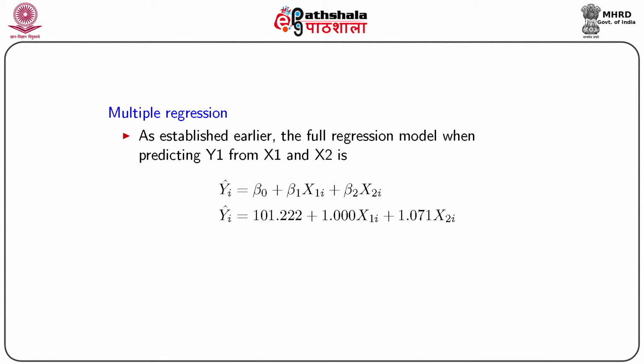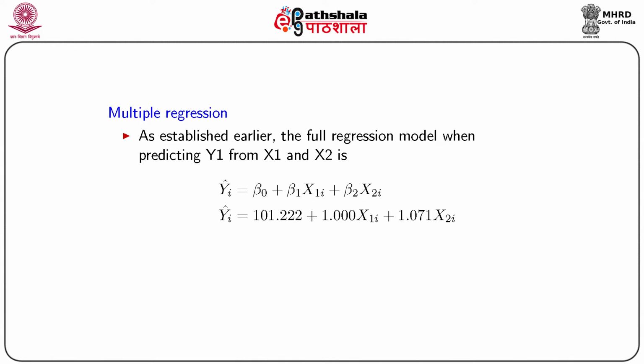Yi hat can now be written in terms of the estimates of beta naught, beta 1 and beta 2 as follows: yi hat equals 101.222 plus 1 times x1 plus 1.071 times x2. If the reader recalls, this is the exact prediction model that we had come up with in the previous module when we had discussed the fitting of a multiple regression to this data set using the two explanatory variables x1 and x2.